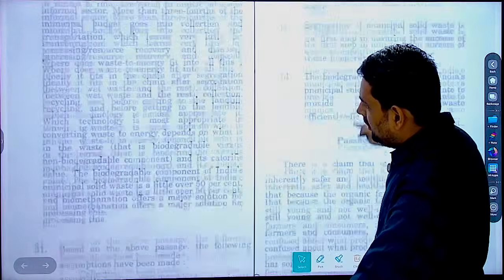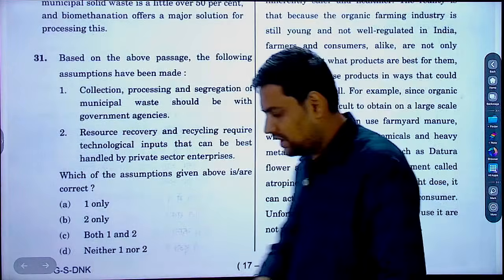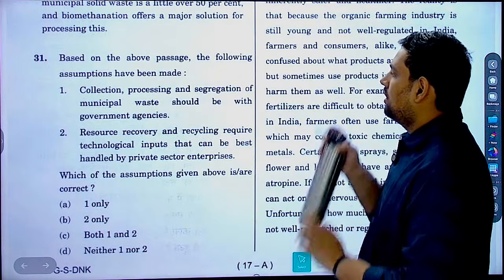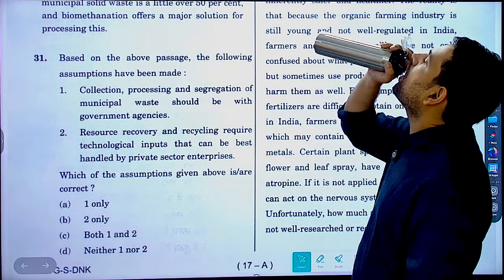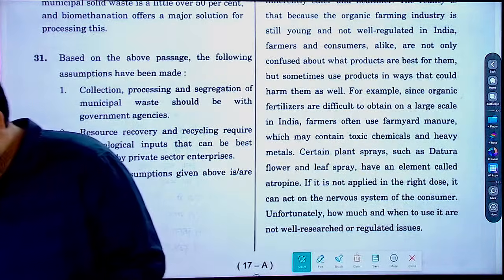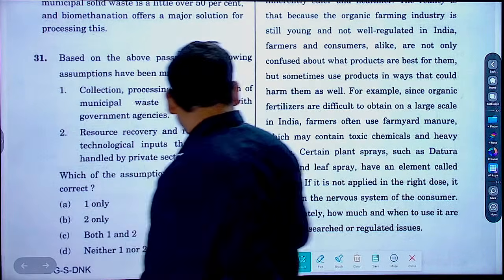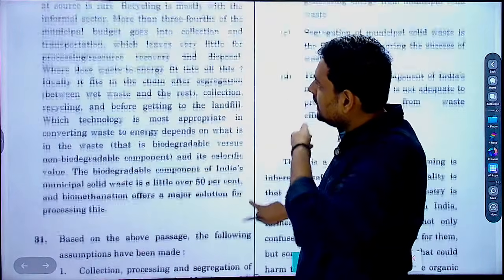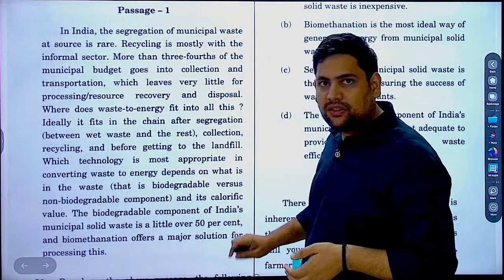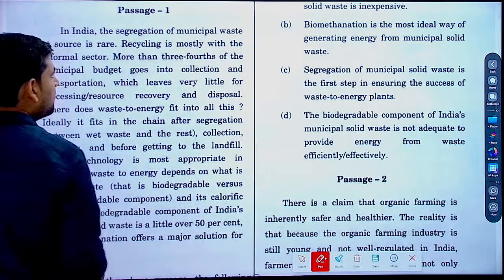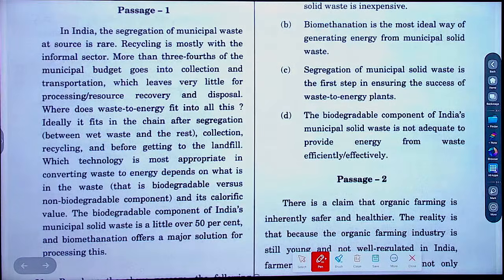Next, this is about assumptions. Because this is an assumption question, we'll read it first. In India, the segregation of municipal waste at source is rare.